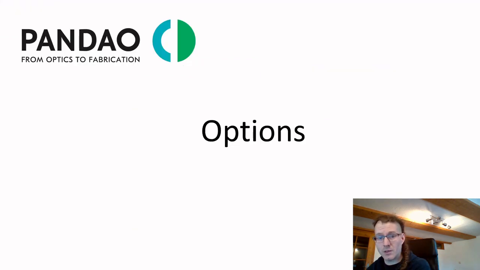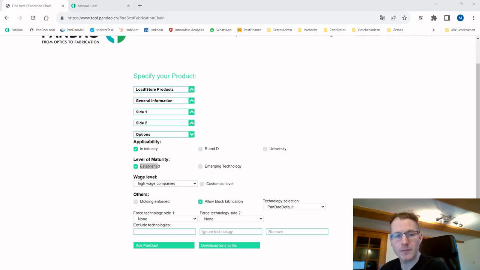PanDao also offers a lot of options to customize your result. Next, we're gonna talk about the Options tab. First, in here, we have the applicability and level of maturity of the technologies included in the result. Standard is in industry and established.